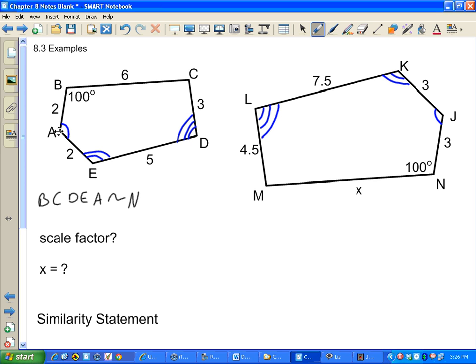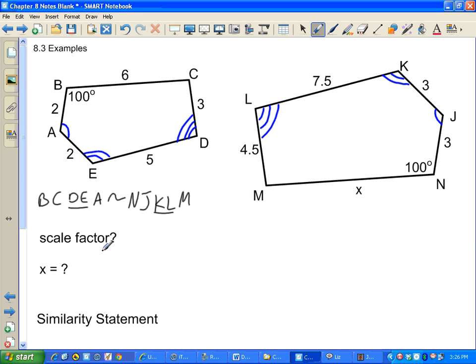And from B I went to A, which was one of these shorter sides right before the same length. So I'm going to go from N to J to K. I'm going to go around the figure this way. So N, J, K, L, M. Because I need this statement to convey which pieces correspond. So I know that DE corresponds to KL.